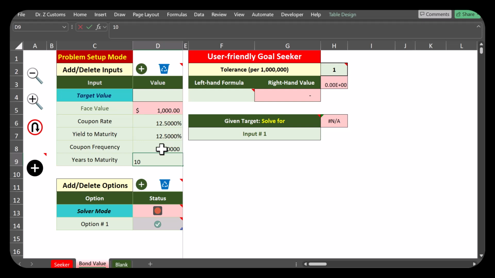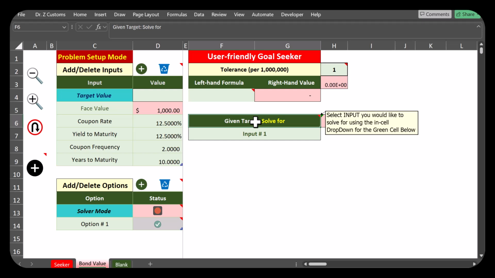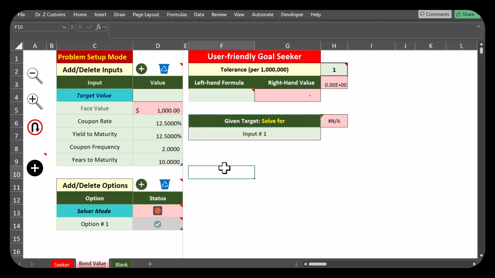Now, this green cell here is the cell where I write a formula to calculate the value of the bond given those inputs. I can write the whole thing in one shot, but I like making things a little bit easier for myself. So let's see.